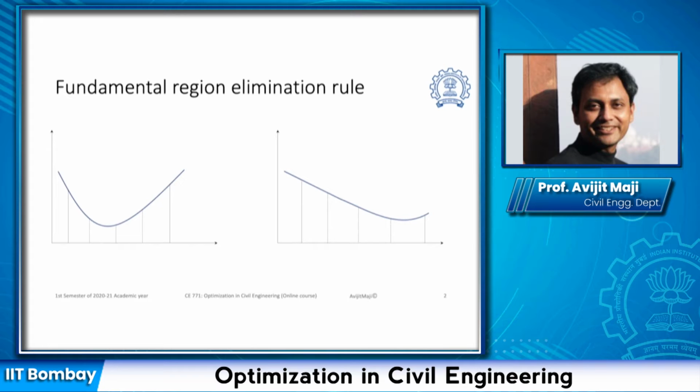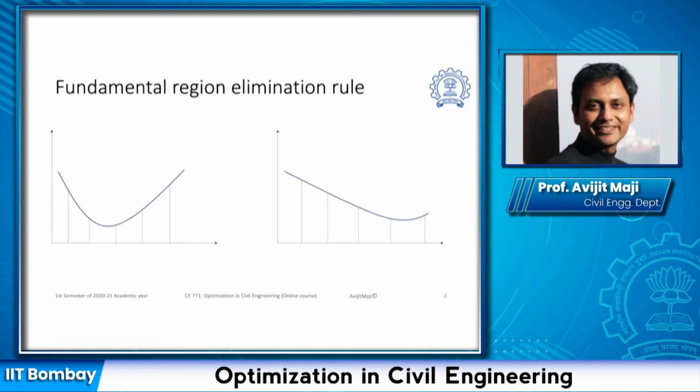So in case of unimodal functions which has only one optimum solution, either it's the minimum or the maximum, we know that if we progress from one side of the function to the other side, either the function value is going to reduce or increase depending on the type of function.